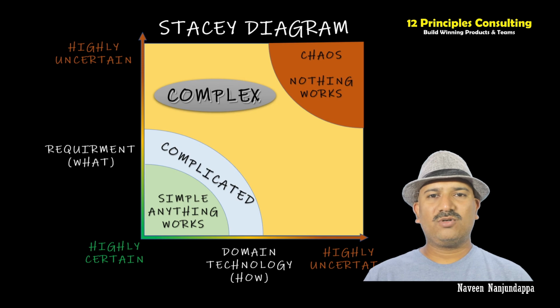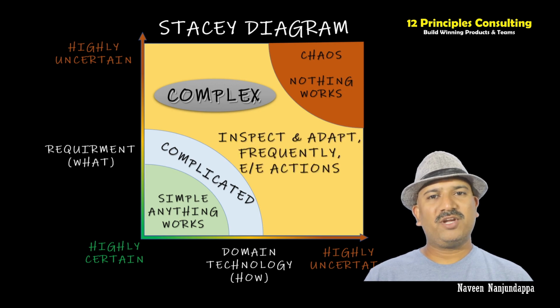The complex zone is where you have both axes moderately uncertain. The requirement is moderately uncertain, the technology is moderately uncertain. And in this zone, we always know that we need to inspect and adapt on both the axes. So we need to inspect and adapt, repeat this frequently, and also take effective and efficient actions.